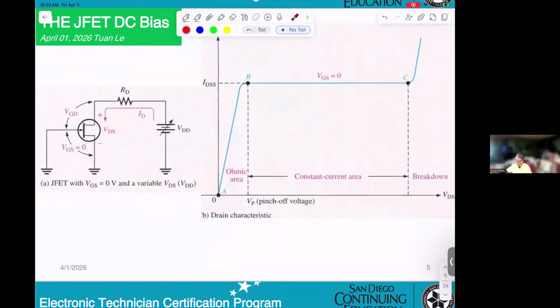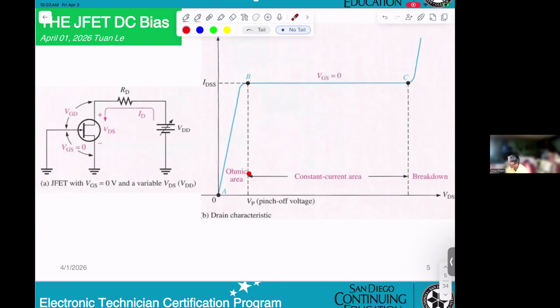Okay, for this picture here, they try to display the current ID. This stands for ID and this stands for VDS. You can see on the picture here, the current ID keeps going up to the point B right here.